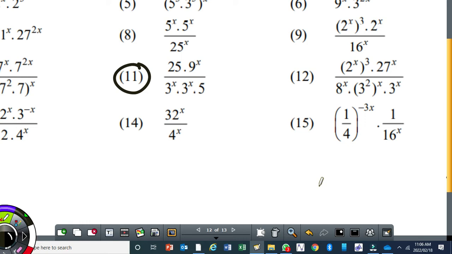How many of you have finished? I gave you a hint to convert the 25 and the 9 to prime bases. Convert the 25 to a prime base, the 9 to a prime base, then you simplify.